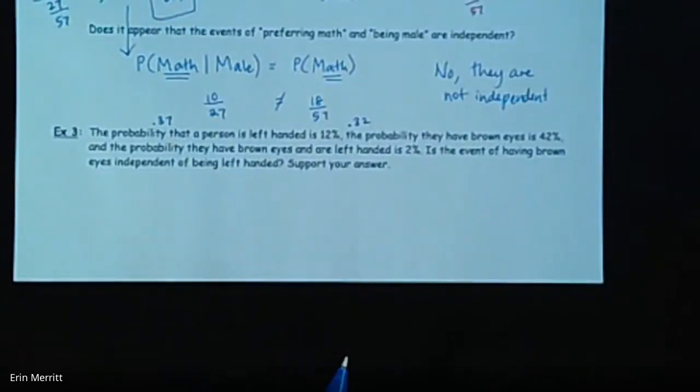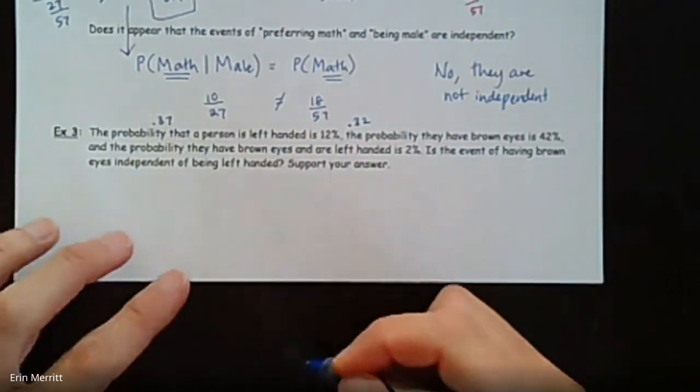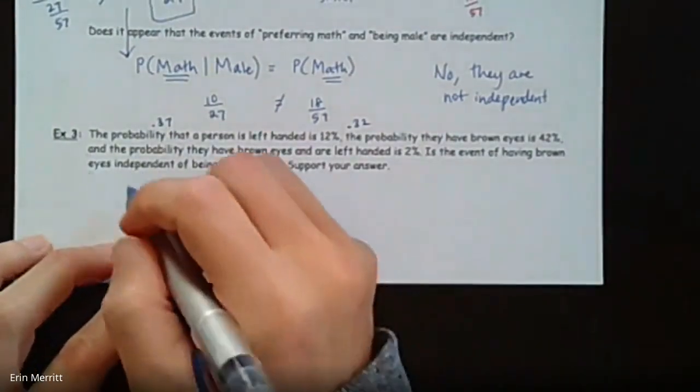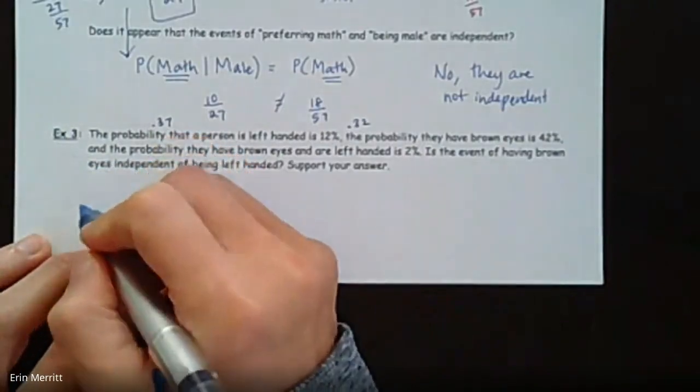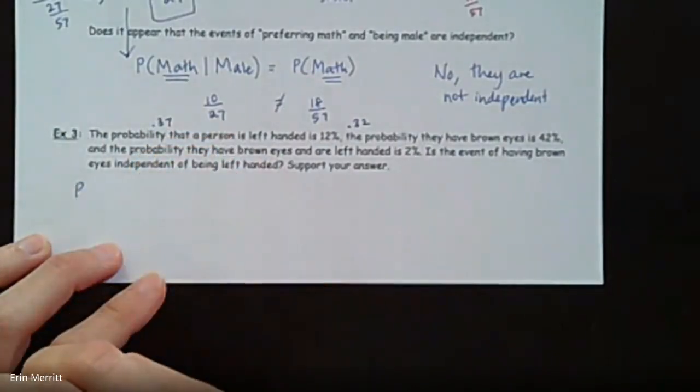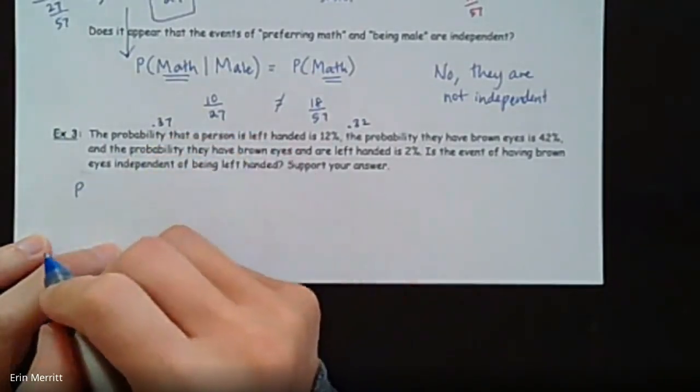All right, last one. The probability that a person is left-handed is 12%. Probability they have brown eyes is 42%. Probability they have brown eyes and are left-handed is 2%. Is the event of having brown eyes independent of being left-handed? Support your answer. I am always so intrigued by left-handed people. I don't know why. I tend to wander around the classroom checking out if you guys are right-handed or left-handed.